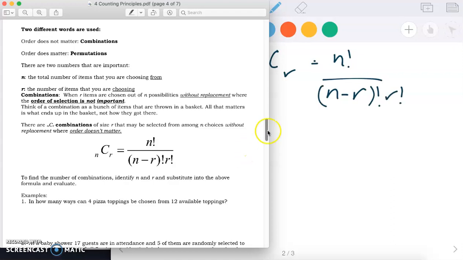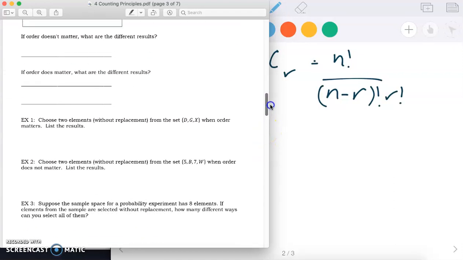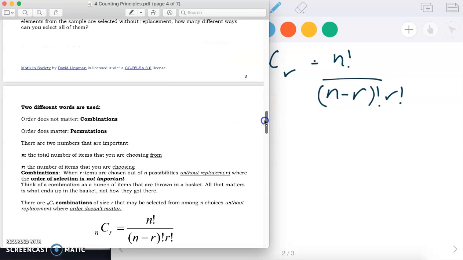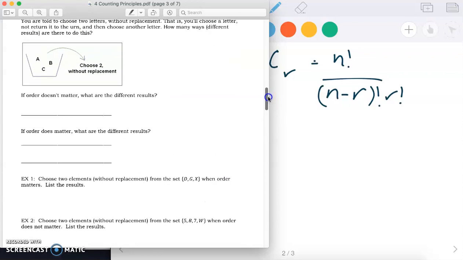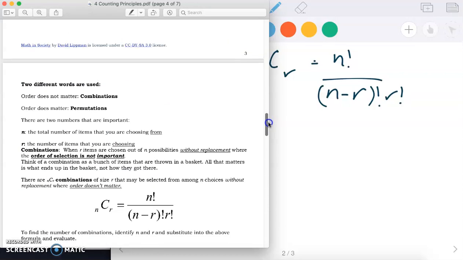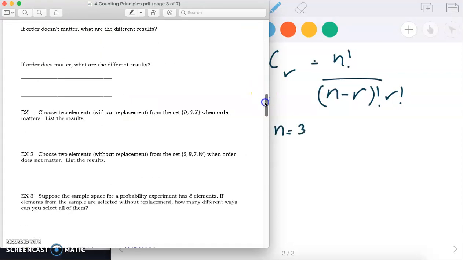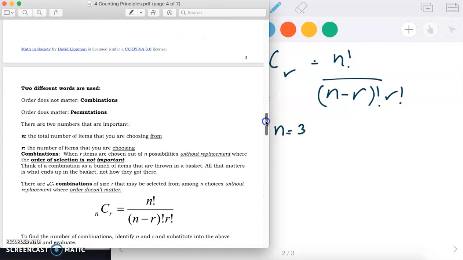So let's go back up to our example up here. So here, how many do we have for N? N was the number of outcomes, right? The number of possibilities without replacement. So in this example, N equals 3. And then R represents the number of items that you are choosing.